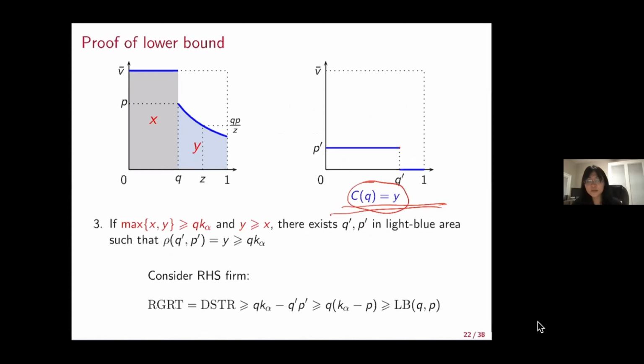Now, this firm has a very minimal consumer value, but this consumer value is high enough to actually achieve this subsidy from the regulator. So in this case, the right-hand side would generate a regret, which is equal to the distortion, which is equal to the fixed cost minus the total consumer value in this market, which is at least our second term in the lower bound function.